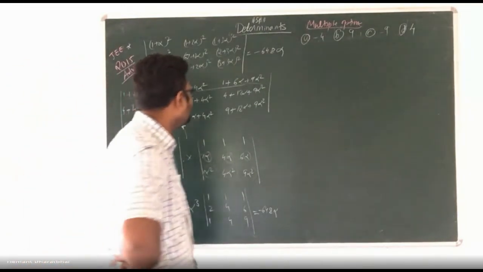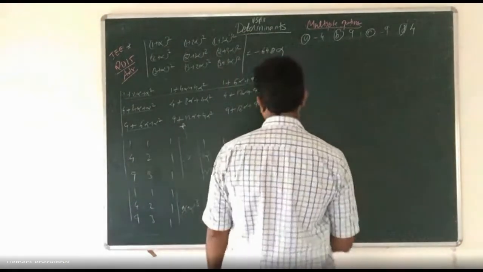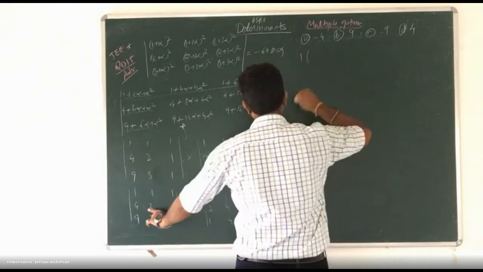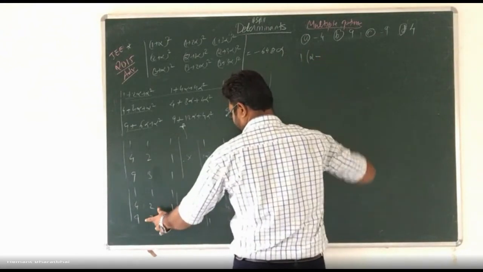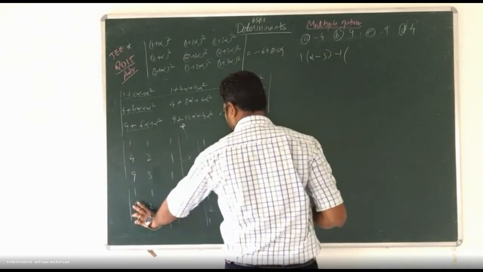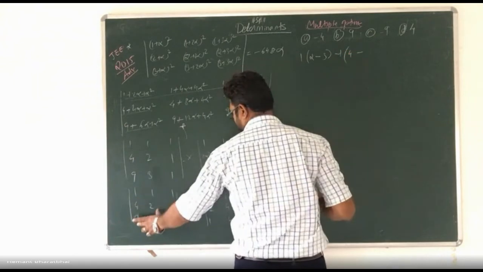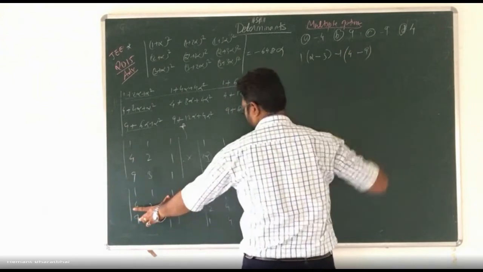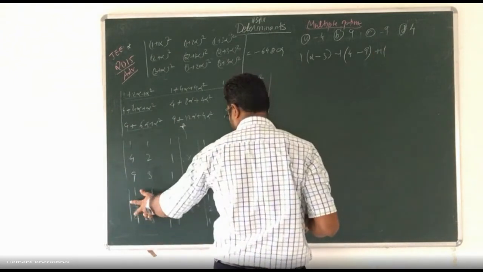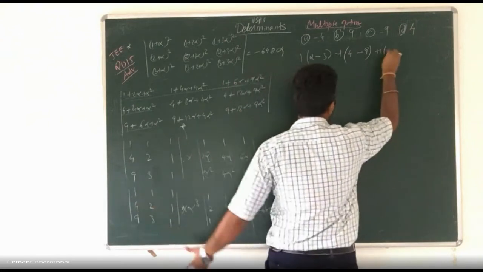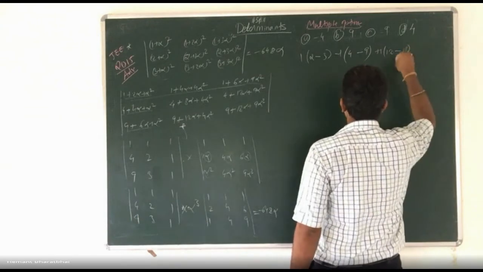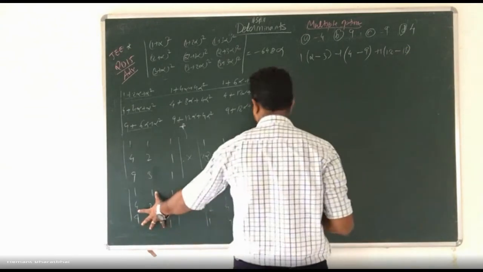Okay. Already I have 1, 1, 1s, so I may get a simplified form. So 1 into 2 is 2, minus 3 into 1 is 3, minus 1 into 4 is 4, minus 9 into 1 is minus 9. Then plus 1 into the determinant of this will give me 4 into 3 is 12, minus 9 into 2 is minus 18. This is the determinant of this.